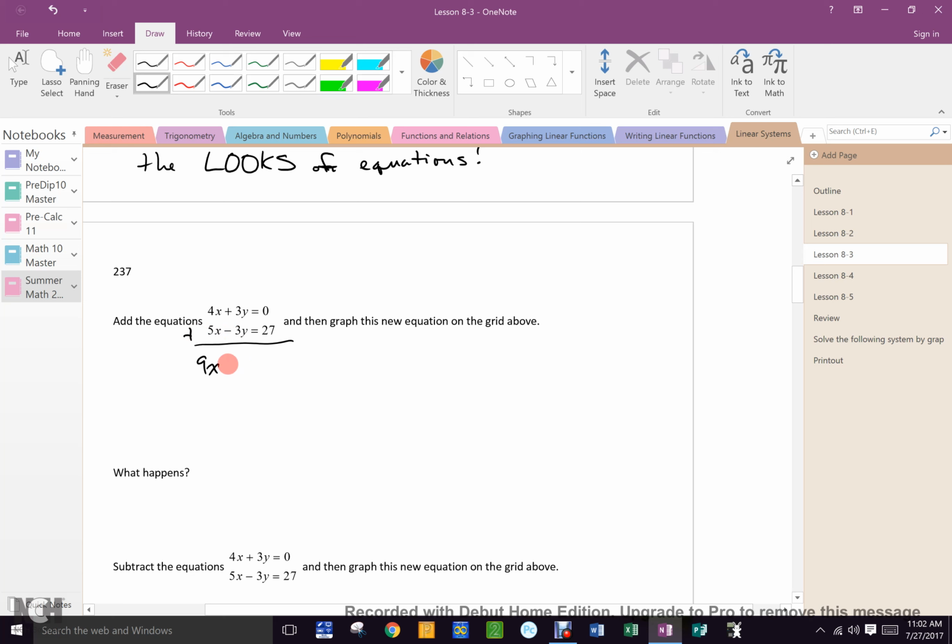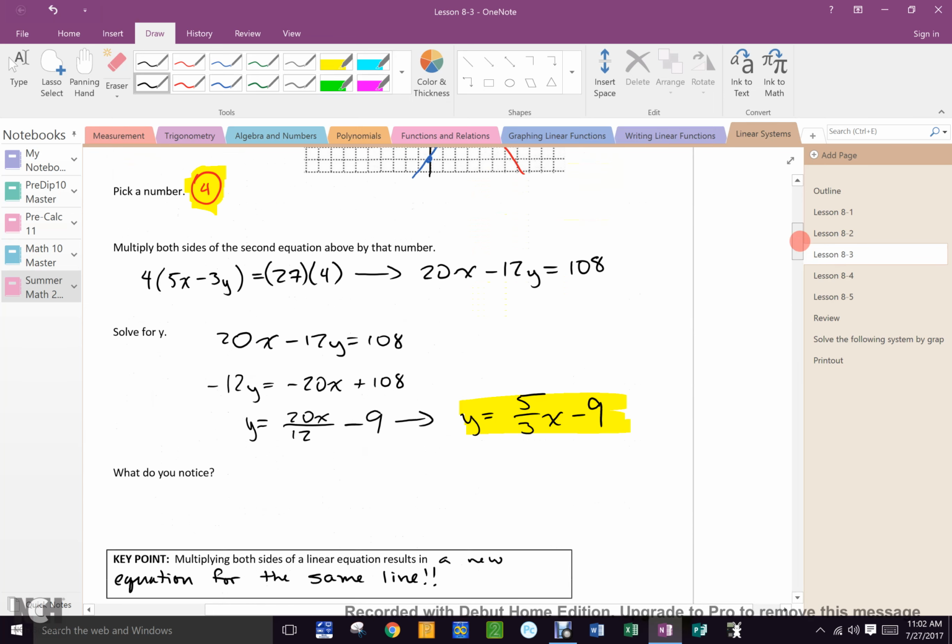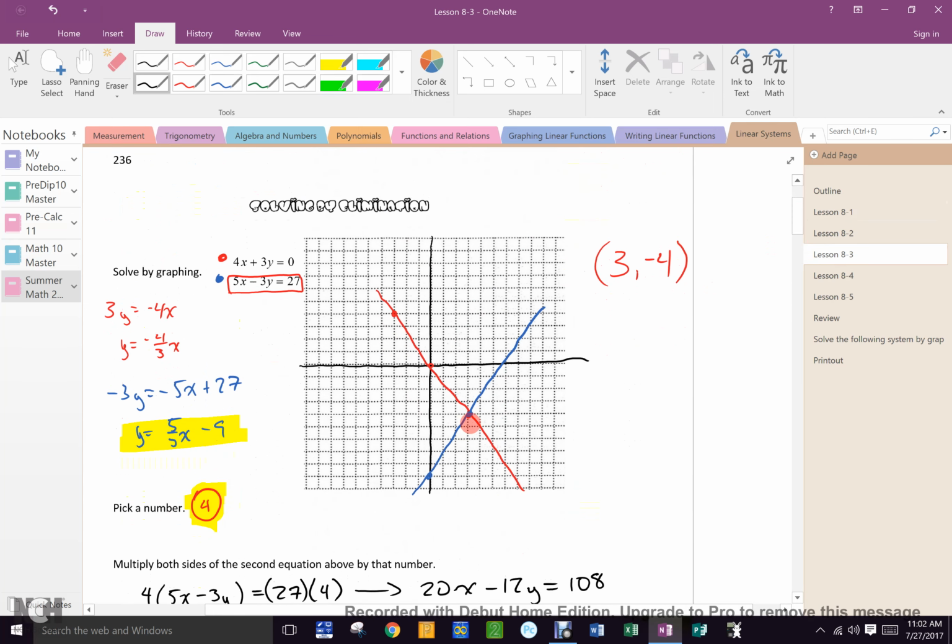No. 3 plus -3, Amrit, plus 0y equals 27. Yes? X equals what then? 3. Everybody cool? Go back to our previous graph right there and draw on x equals 3.